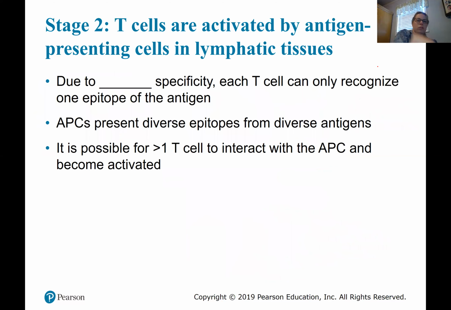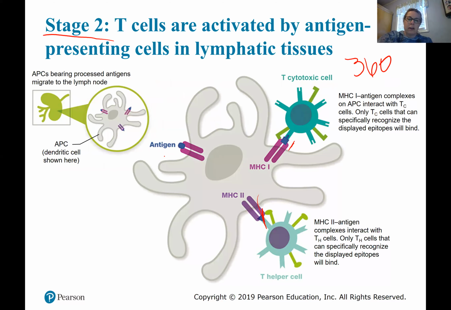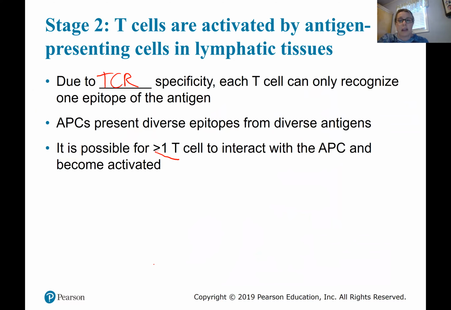And due to TCR, or T cell receptor, okay, remember that T cell can only pick out one type of epitope, but it is possible for one or more T cells to interact with the antigen presenting cell. So we have an opportunity for another T cell to access over here, and maybe they're presenting over here. We could have more than one T cell over there, as long as they have specificity for that particular type of epitope.